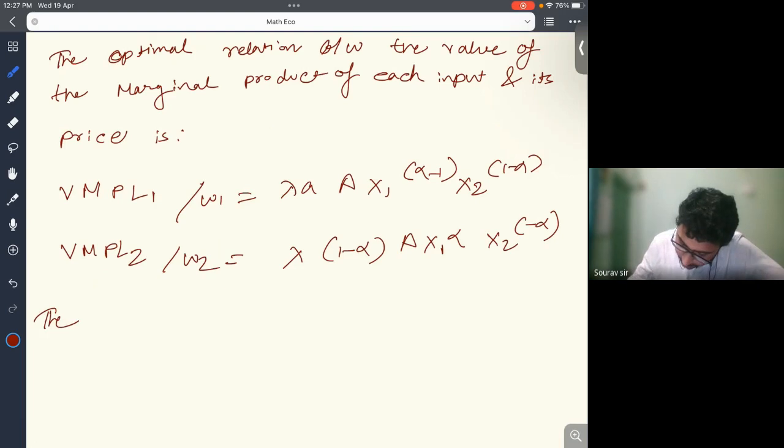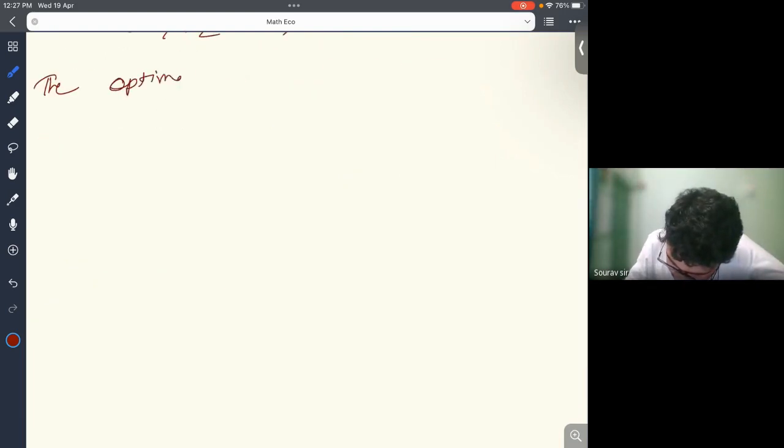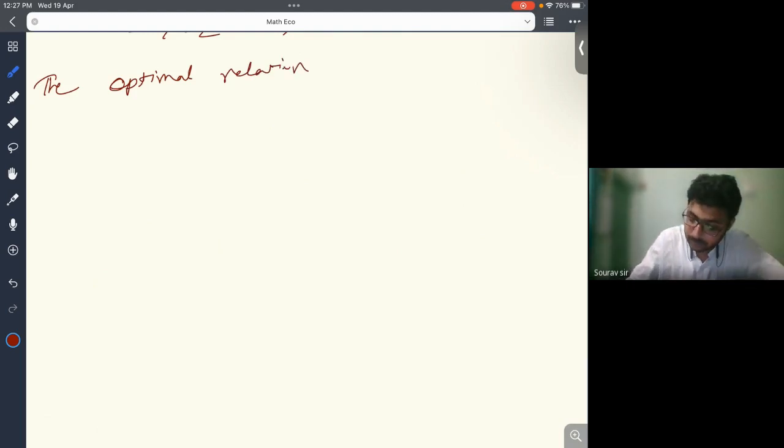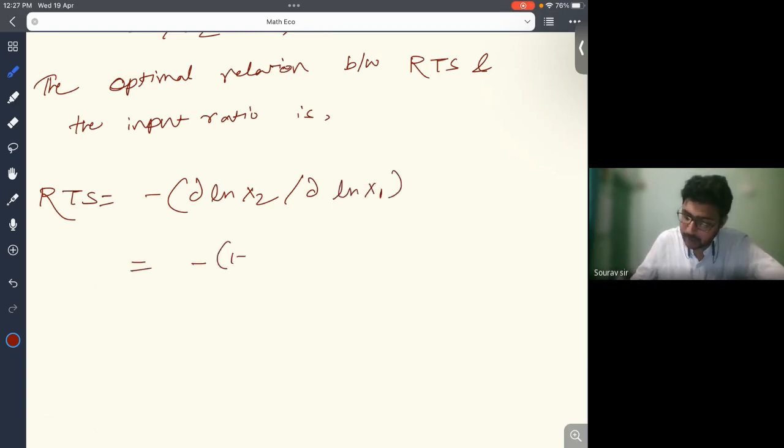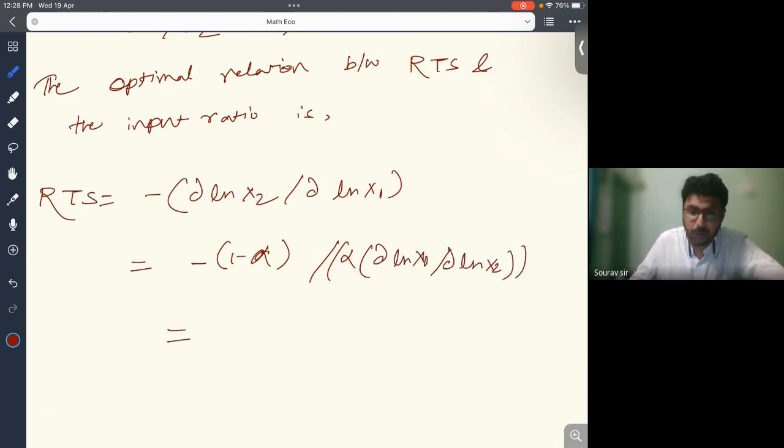So the optimal relation between RTS and the input ratio is, RTS is equal to minus d ln x2 by d ln x1, which is equal to w1 by lambda alpha A, is equal to w2 by lambda into 1 minus alpha into A.